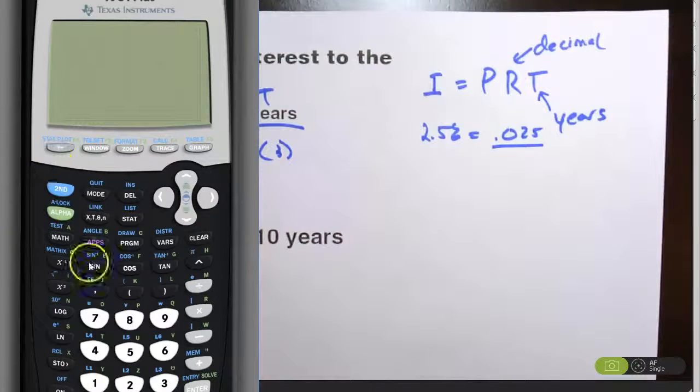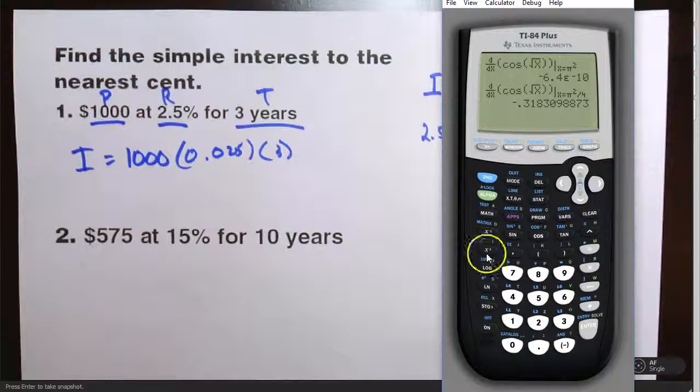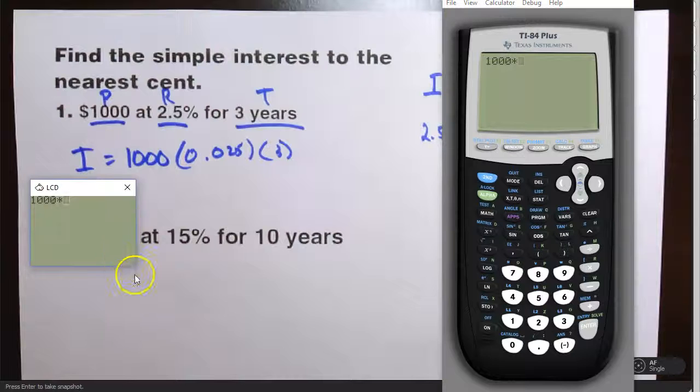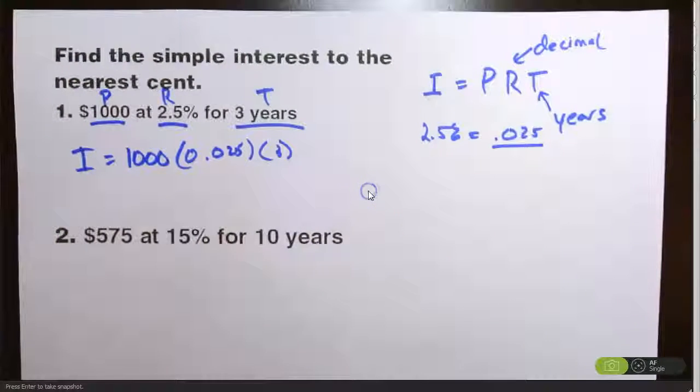So we've got 1,000 times 0.025 times 3, and we get 75. Okay, so interest on this is $75.